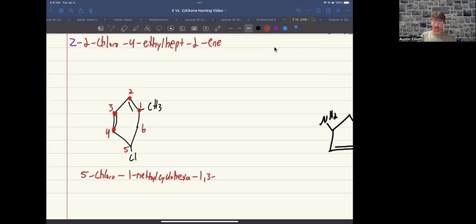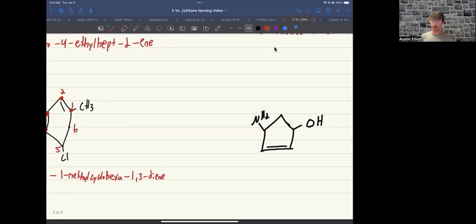So 1,3-diene. And that's it for that one. A lot of times you're not going to see E versus Z on rings just because of the type of groups that are on there being the same a lot of times. So we don't have to worry about it for this one.